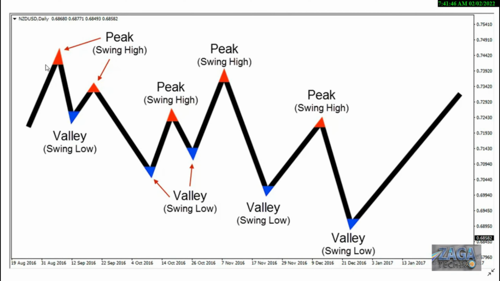Now, the market is moving up, gets rejected, and drops down. And it's very clear, guys. Someone can easily identify the swing high and the swing low. So the market moves down here, gets rejected, and goes up again. So it's very clear that this will be a swing low.